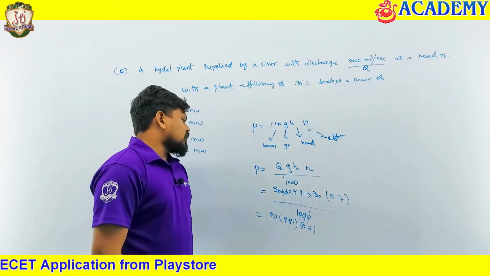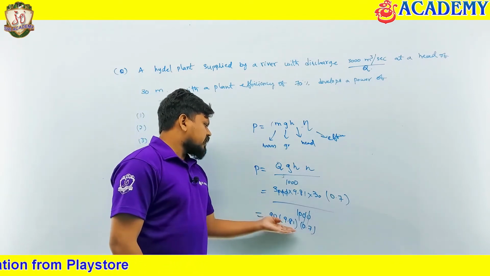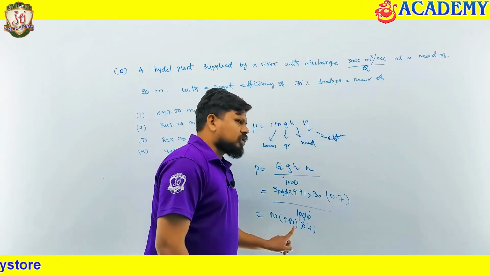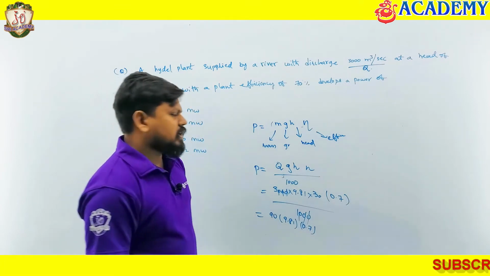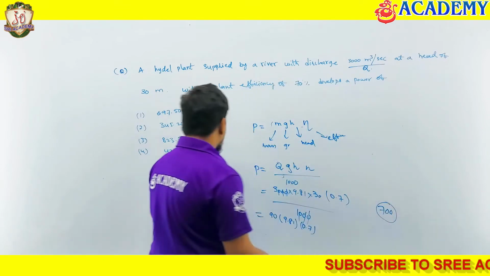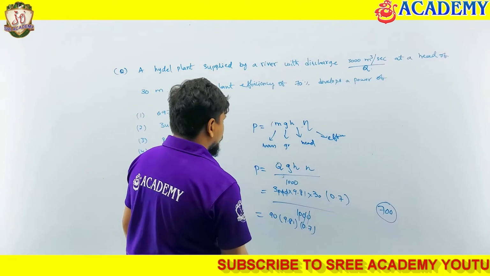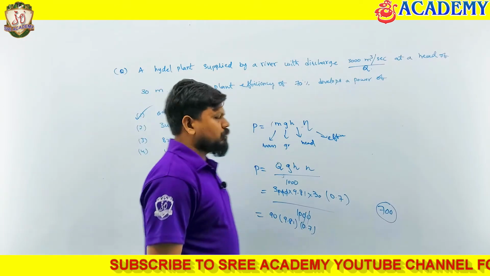If you check, this is almost 100 into 10, which directly gives 1000, and 1000 into 0.7 is nothing but 700. Approximately you will get 700, and if you multiply directly you will get a little bit less than that. That means approximately you can get the answer as 697.50 megawatts.